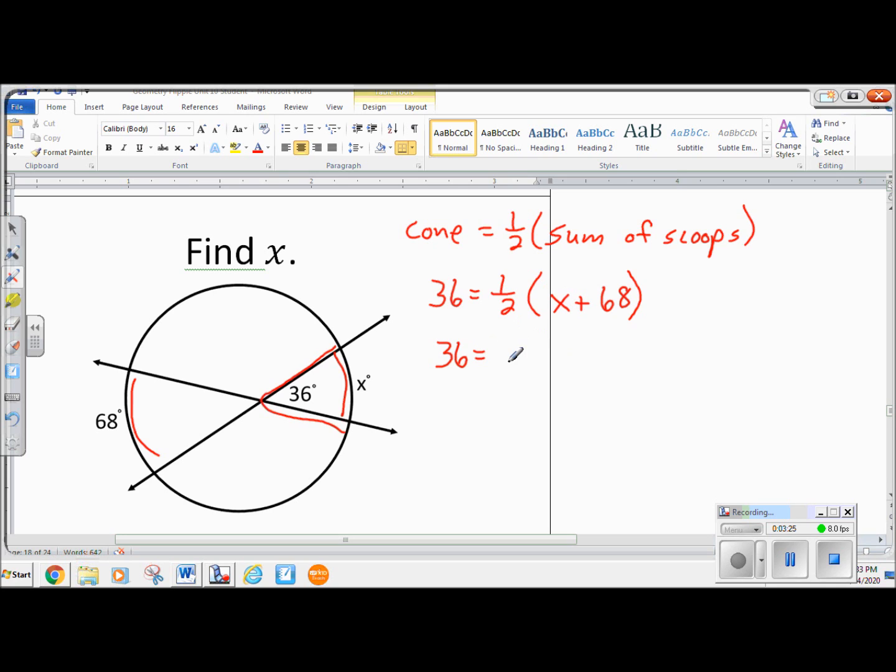Half times x is 1/2 x. Half times 68 is 34. Subtract 34 from each side. 2 equals 1/2 x.